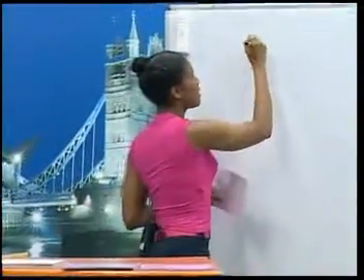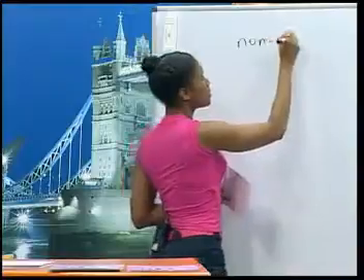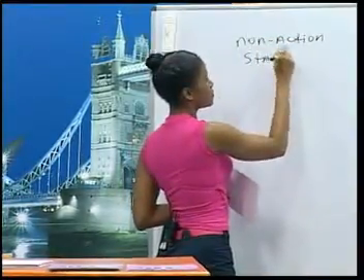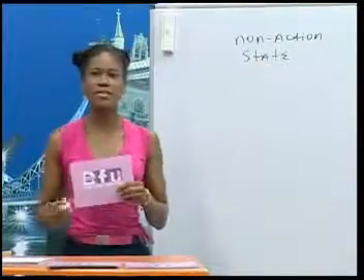Now there are some verbs which are not normally used in the present continuous. These verbs are non-action verbs or state verbs. Take a look at these examples.